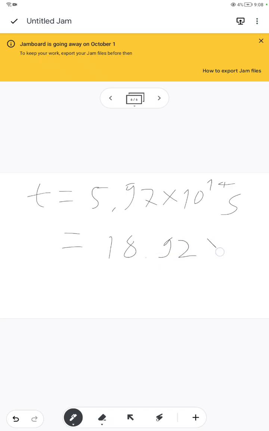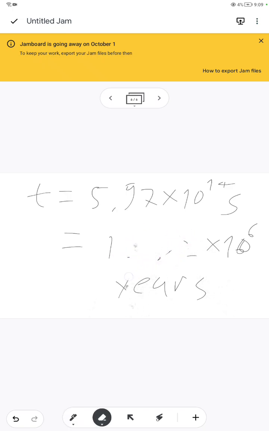18.92 times 10 over 26, 10 over 6 years. So about, okay, look, just say it's 1.89 times 10 over 7 years.